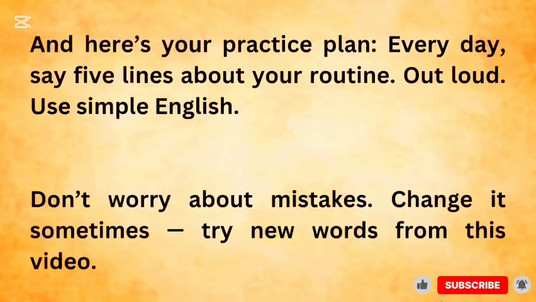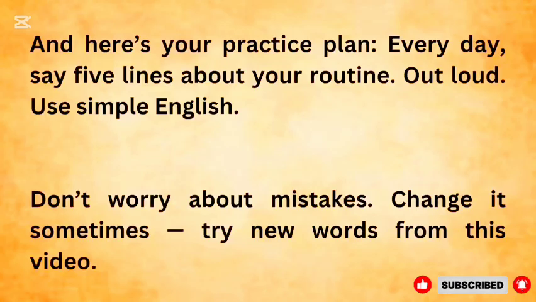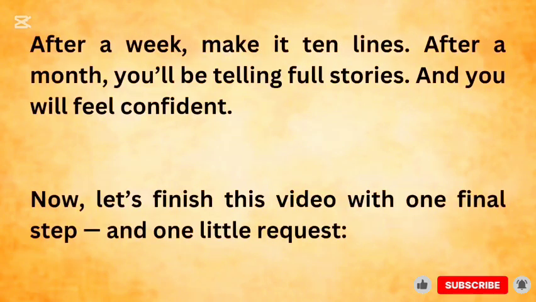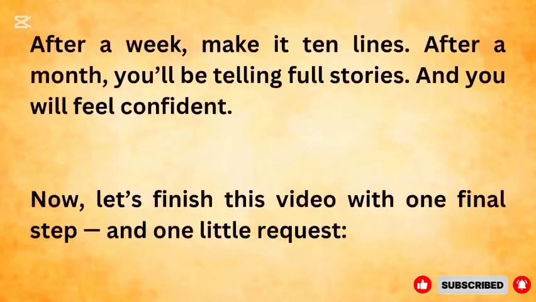Every day, say 5 lines about your routine. Out loud. Use simple English. Don't worry about mistakes. Change it sometimes. Try new words from this video. After a week, make it 10 lines. After a month, you'll be telling full stories, and you will feel confident.